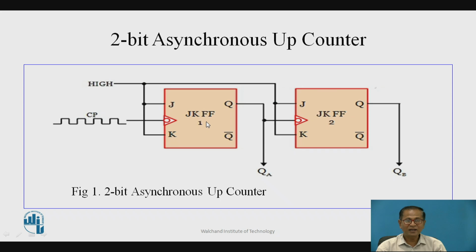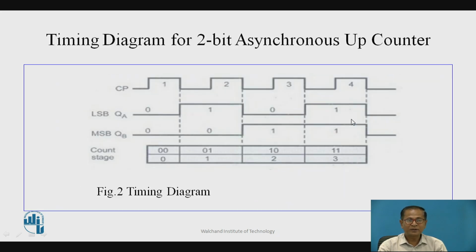This acts as a rising edge for flip-flop B, so there is no change. At the end, QB becomes 0 and QA becomes 1.